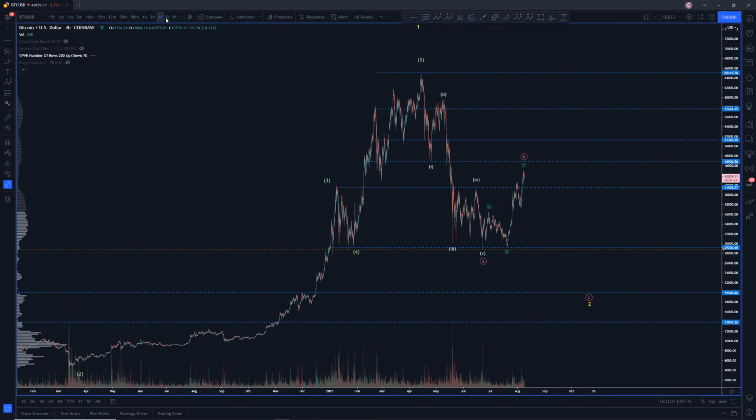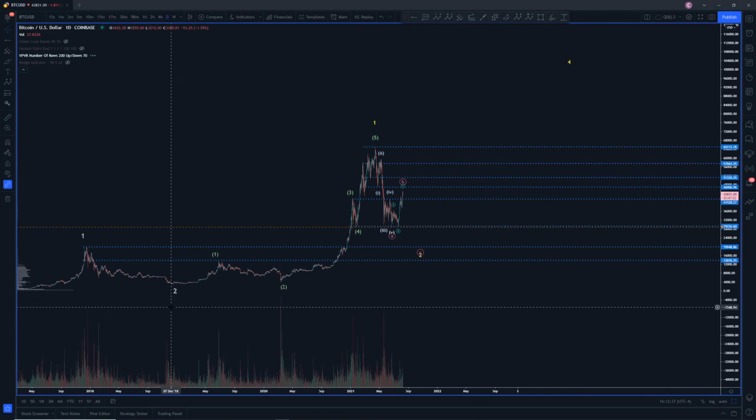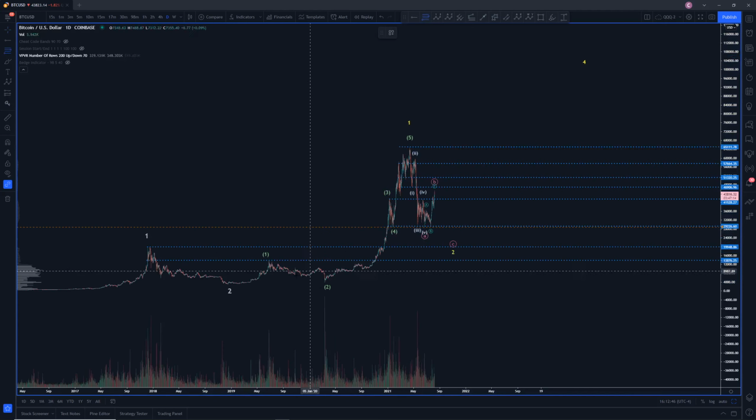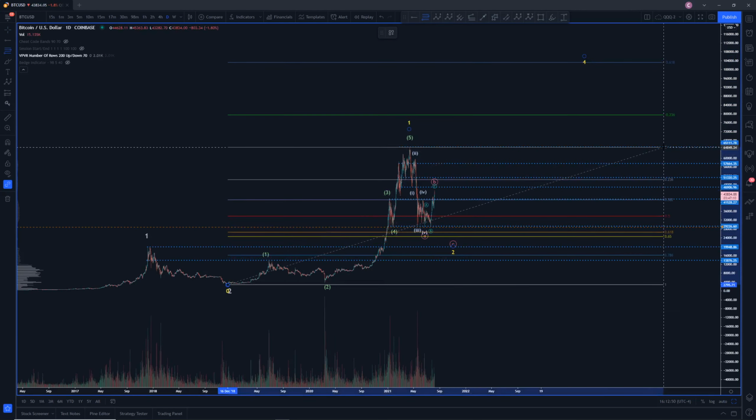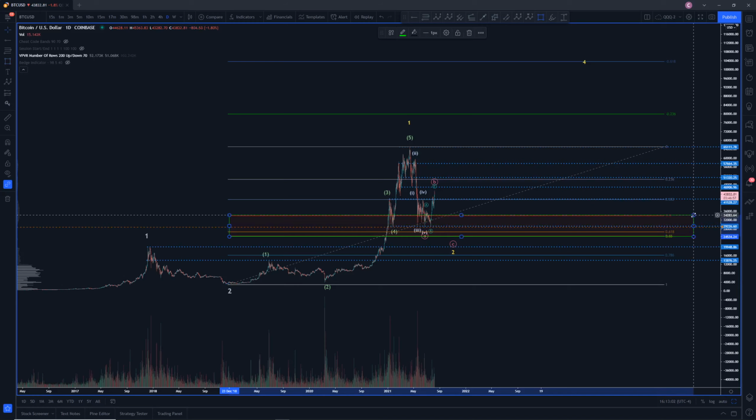And just real quick, if we do zoom back out into this, let's play off the premise that I believe it's a 1, 2 on a larger degree right here, and either way we would put this Fibonacci retracement on. So let's pull it from the bottom of our gray 2 into here to the top up here. This is basically the main reason I believe that it's a 1, 2, because we've already come so deep in retracement, and as I said, the 2 wave likes to fall between this yellow and red line into here.